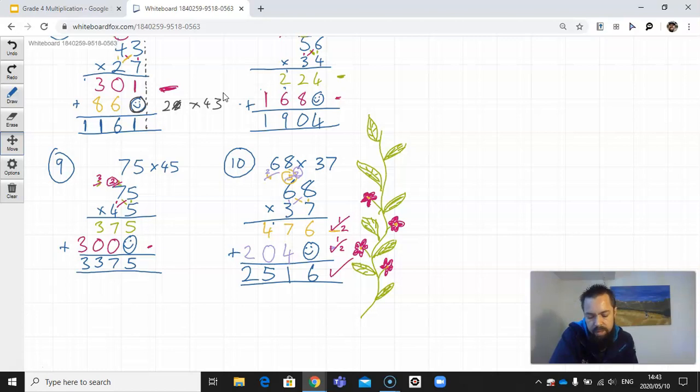If your teacher is very nice and kind, they might give you method marks. Method marks is marking when you have managed to do the correct process, even though you made a mistake in your times table. So let's say, for example, you put a 5 over there by mistake, then you couldn't get the mark for that line. But the next line you got right, you got that half mark.